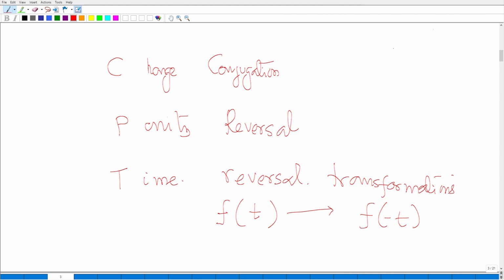Suppose I have a line drawn, my t is increasing towards right.